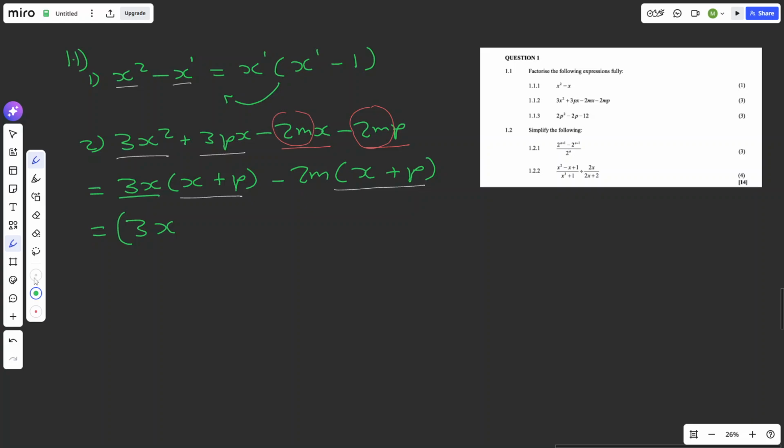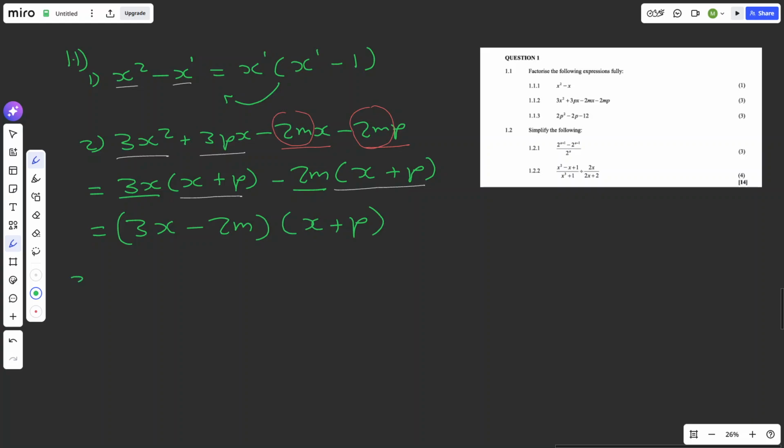So this 3x will be grouped with minus 2m. So we'll have minus 2m. So whatever is left is x plus p, which is what we are factoring out. And that is basically it, okay? So this gives you an idea on how to tackle such questions. You just have to look for common terms.